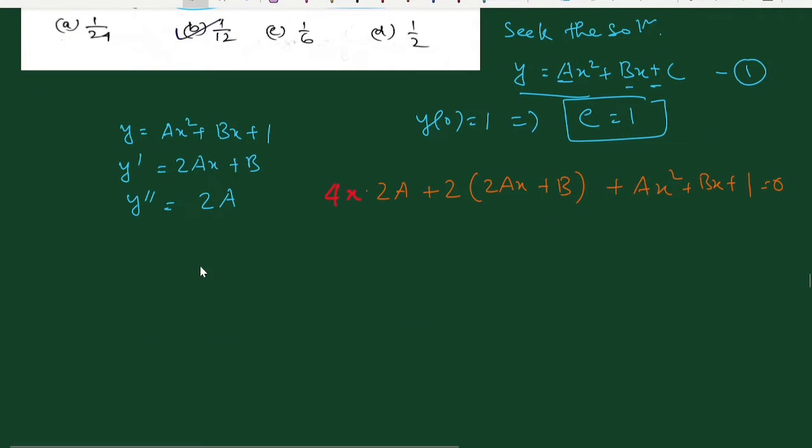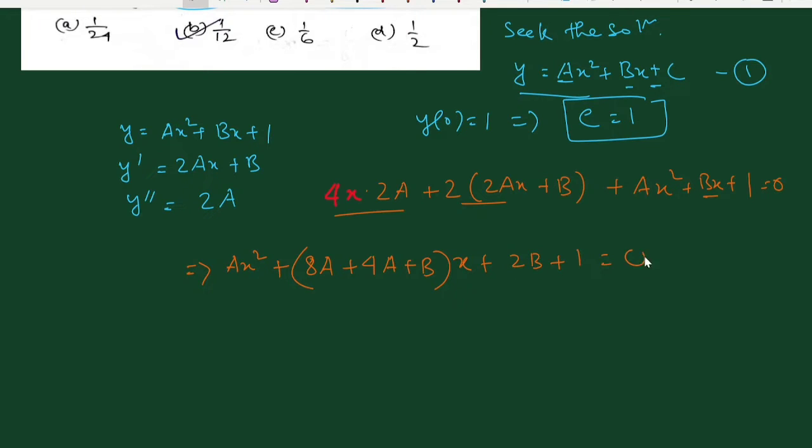So we can write it as ax² + (8a + 4a + b)x + (2b + 1) = 0.